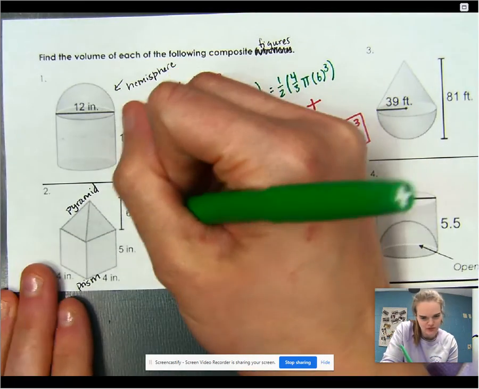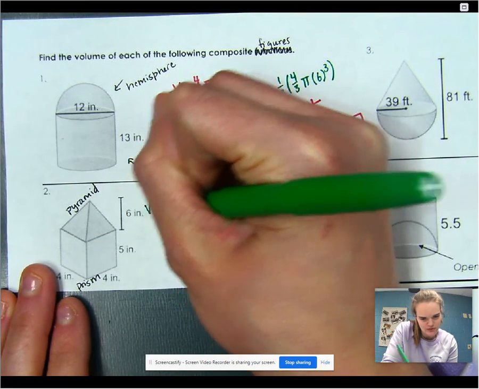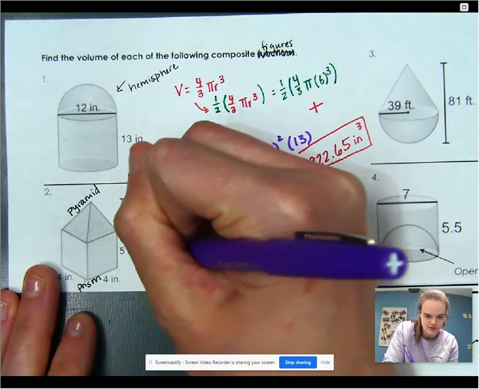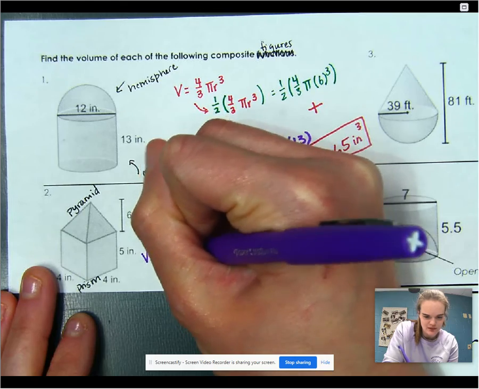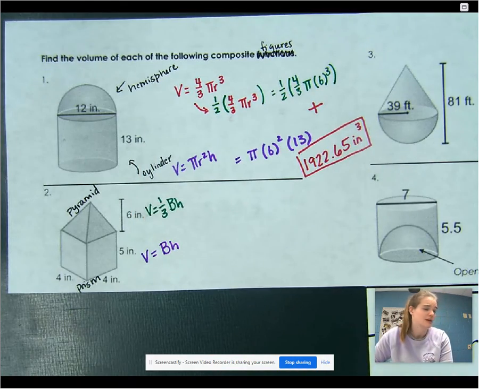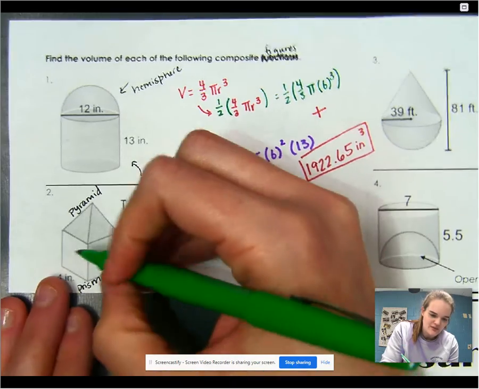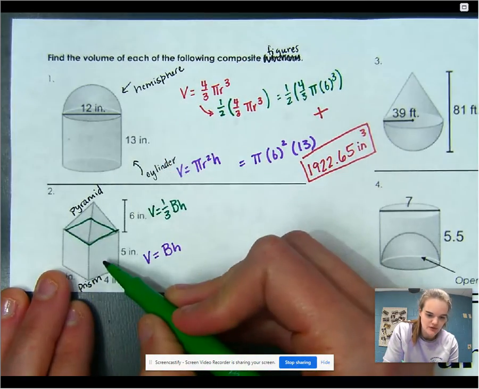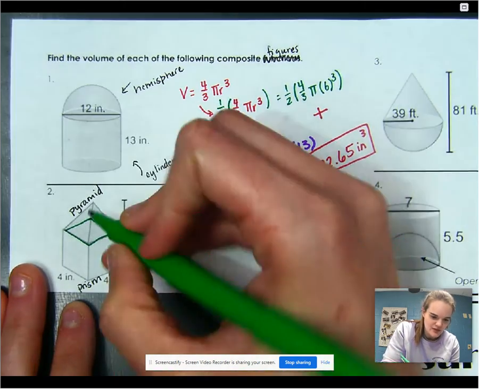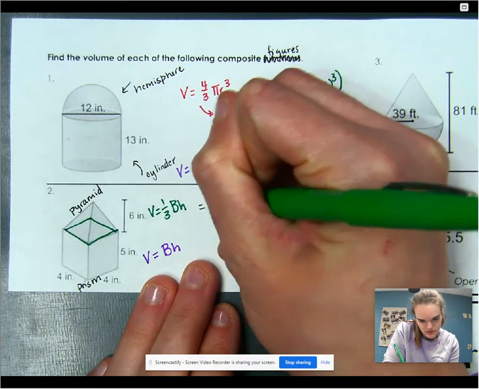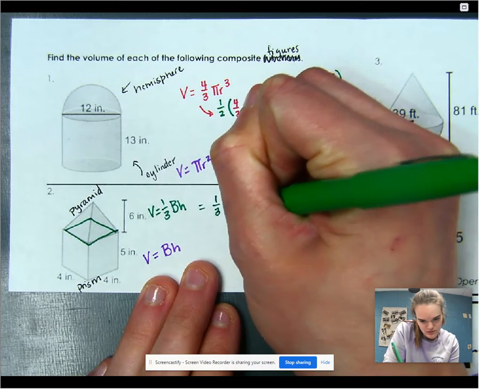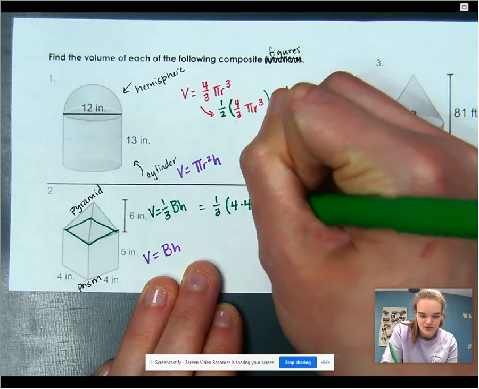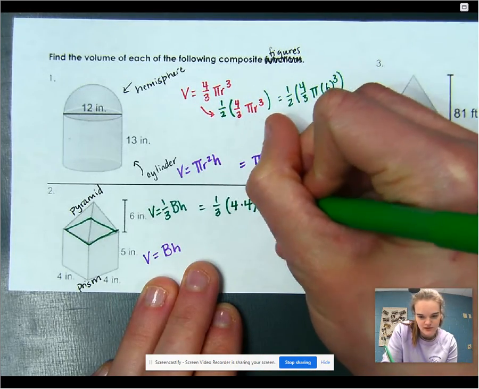The volume of a pyramid is 1/3 big B times H. The volume of the prism is big B times H. The base of this pyramid is the same as the base of this prism. The base is 4 by 4. That's the area of the base.